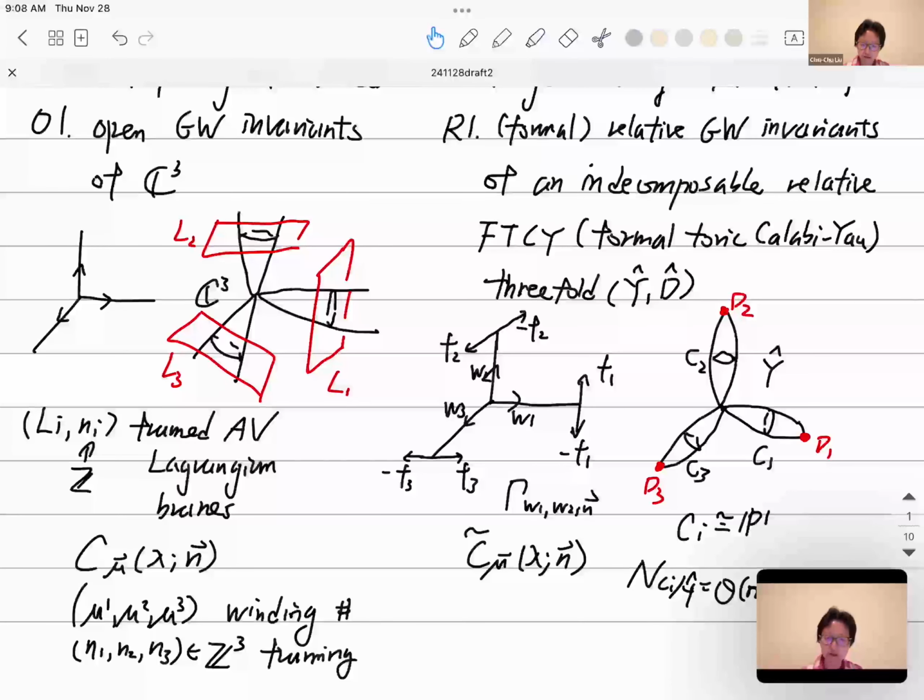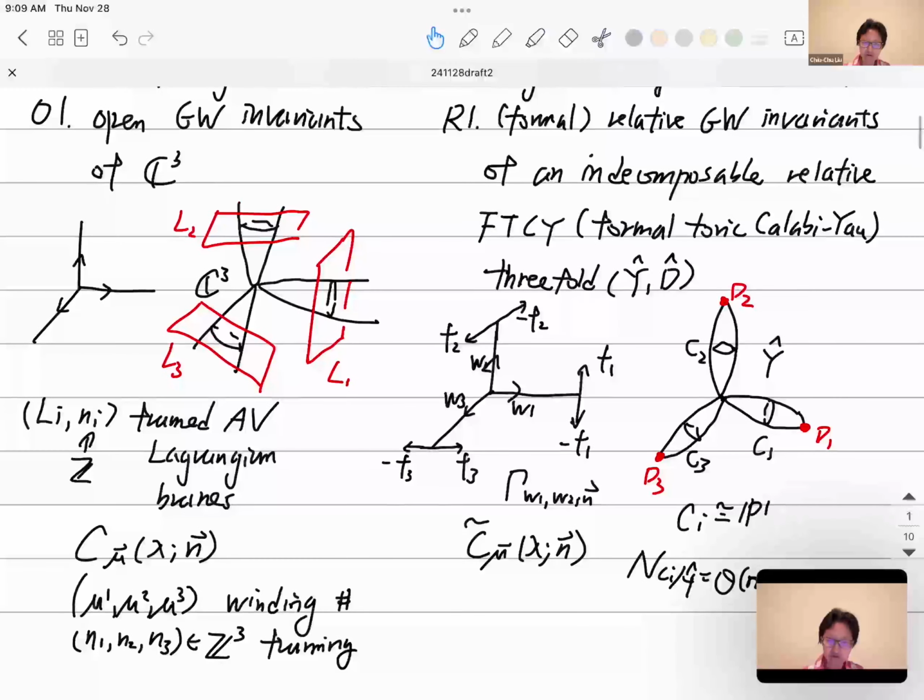But we can do it by considering relative Gromov-Witten invariants. The building block of our formal relative Gromov-Witten invariants is the formal relative Gromov-Witten invariants of an indecomposable relative formal toric Calabi-Yau threefold associated to this kind of graph.